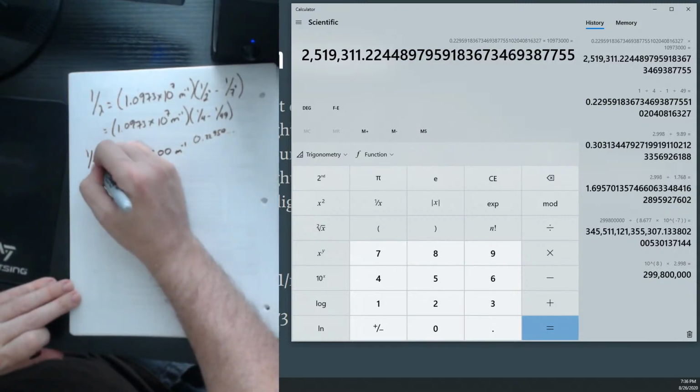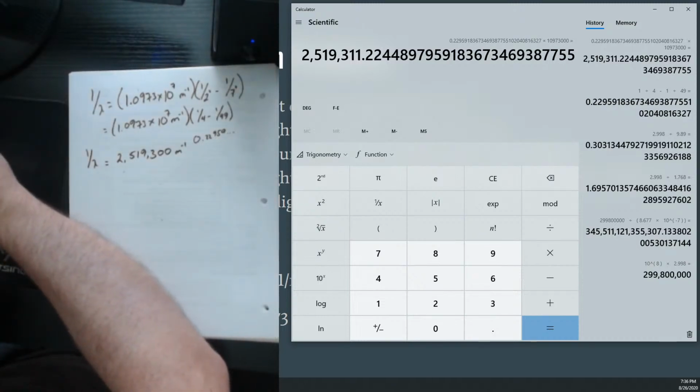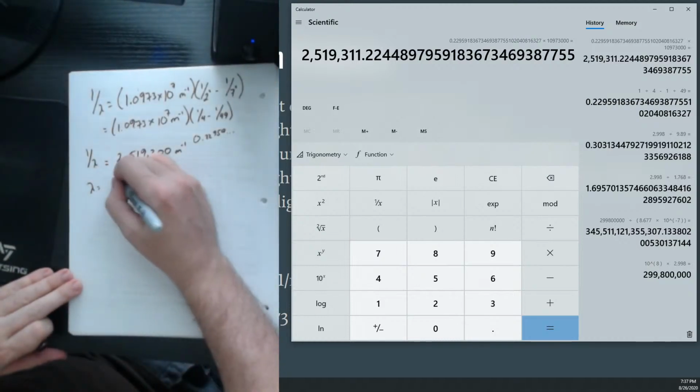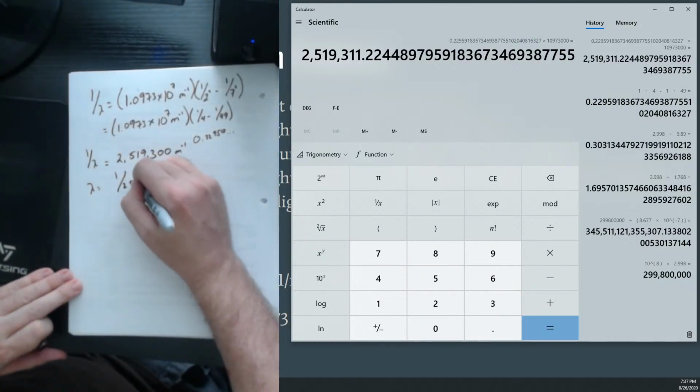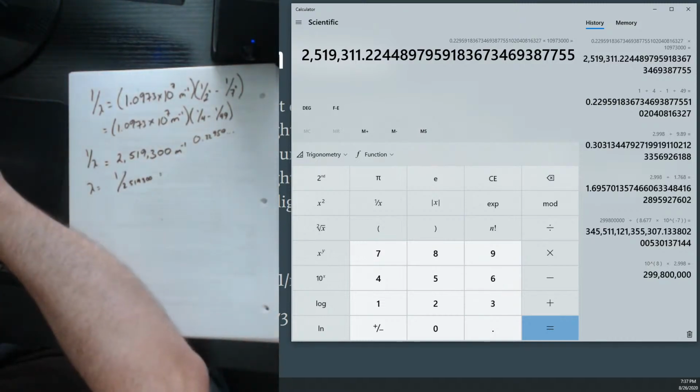So that is 1 over lambda. So that is not the wavelength. That is the inverse wavelength in per meters. Okay. So in order to solve it, you need to solve for lambda. So lambda equals 1 over 2,519,300. Okay. So it's just 1 over our answer.